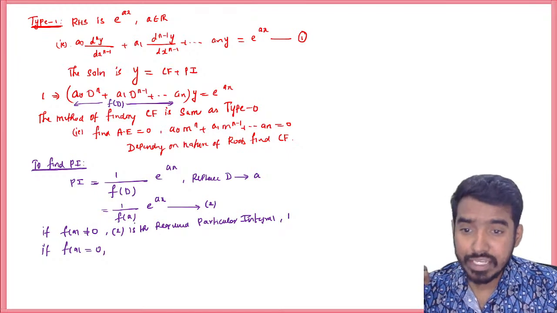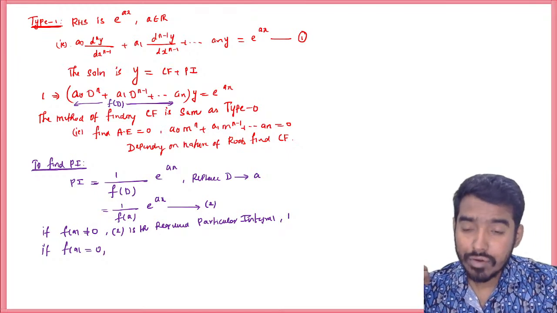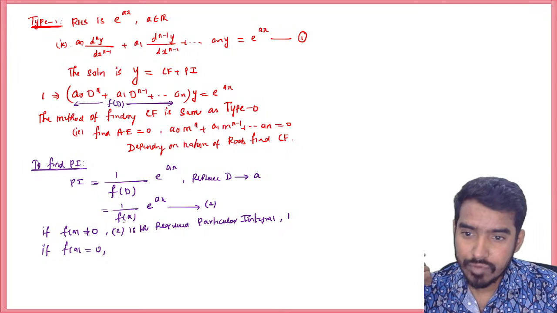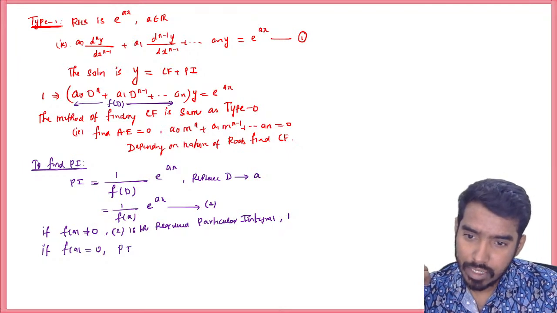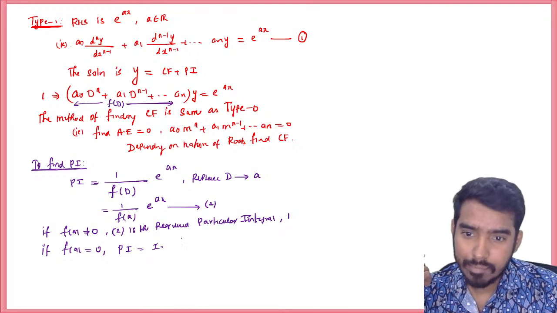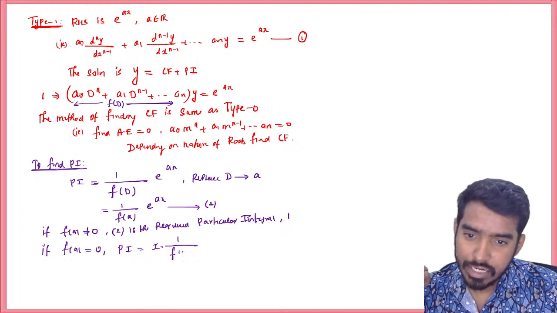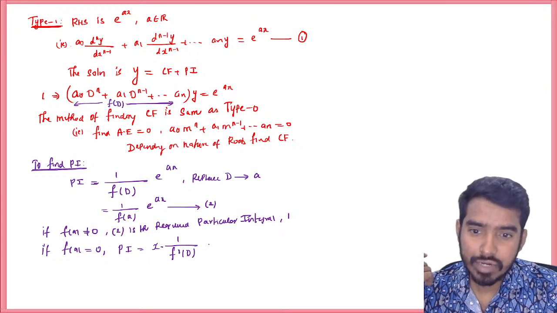If f of a is equal to 0, then your particular integral will be: multiply by x and differentiate f of d.